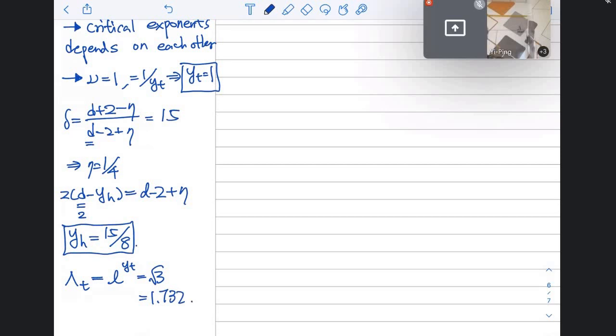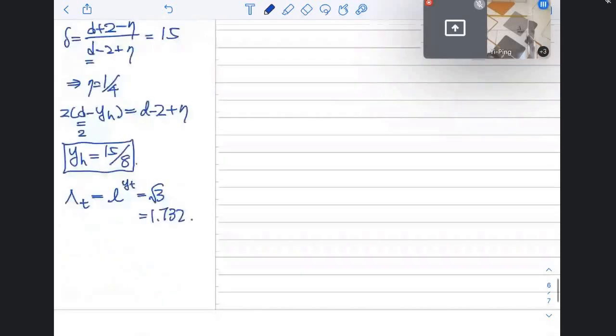Similarly, we can evaluate the eigenvalue lambda_h, which is L to the y_h, which means square root of 3 to the power 15 divided by 8. If you use the calculator, it basically will be 2.8.